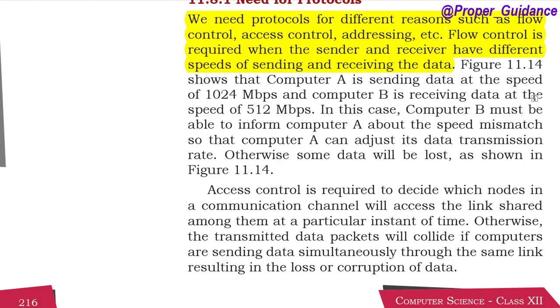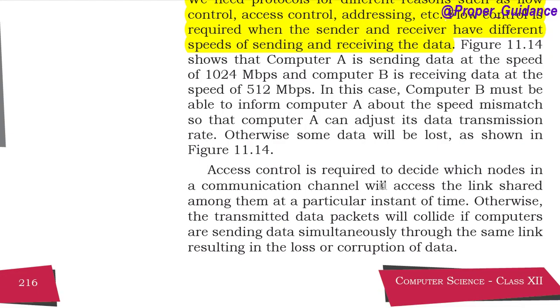Now the lecturer who is giving the lecture, that speed is mismatched with some student's capability. Then the student has to inform the teacher, teacher, I cannot understand, please repeat. Just like that, there is some flow control. Flow control is required when the sender and receiver have different speeds of sending and receiving the data.